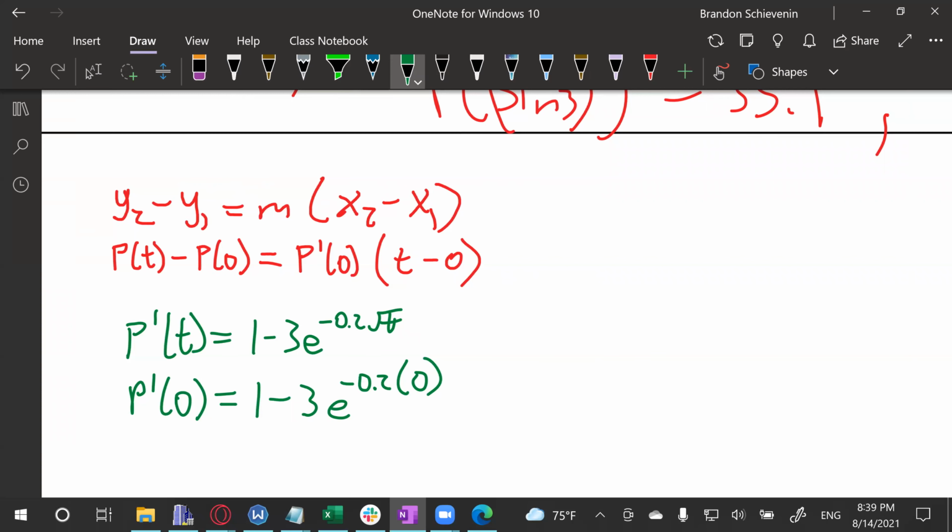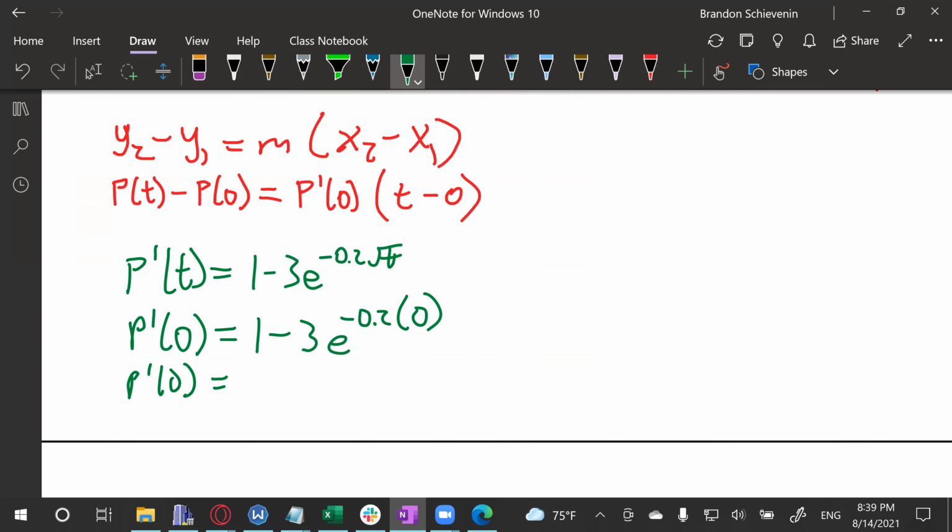Okay, the power will be 0, which means this whole term, e raised to something, is 1. So that leaves me with P prime of 0 is 1 minus 3 times 1. So what is P prime at 0? It's -2, sorry. That's okay, -2.